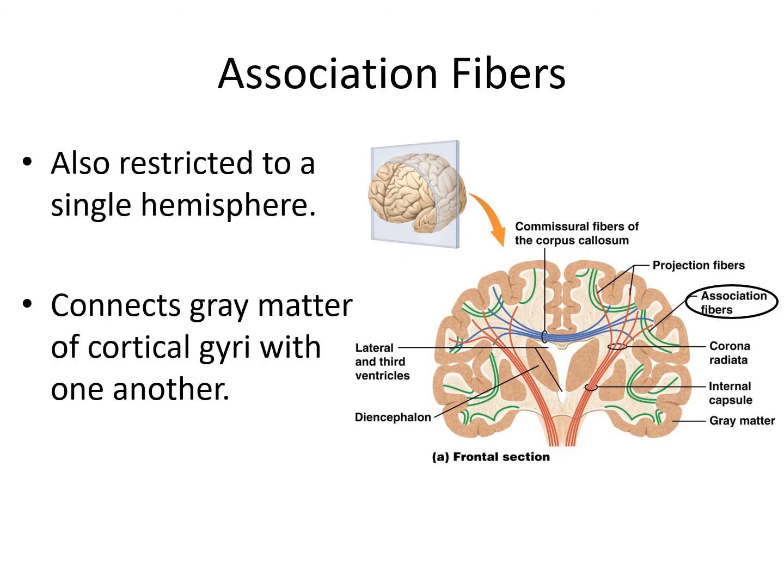The third type of fiber are the association fibers. And these are restricted to a single hemisphere. So you see the association fibers are in green here. For example, here's some right here. And these connect the gray matter of cortical gyri with one another. So you can see within each cerebral hemisphere, we have the association fibers.